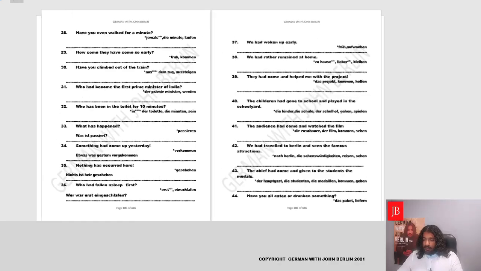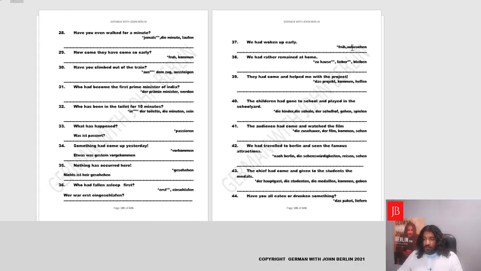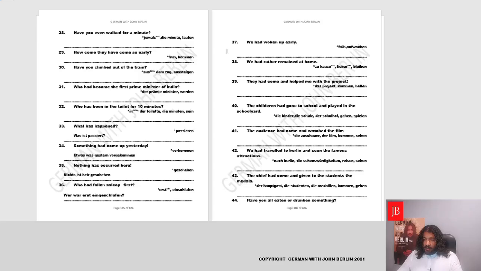Perfect. Let's look at some more sentences. We had woken up early. Okay. Now again, the verb to wake up shows you were asleep. You woke up, change in state. Who had woken up? We. Very good. We'll write wir. And we look at the main verb woken up, change in state. Choose the helping verb. It is sein. The tense is past. We'll make it waren. And we'll conjugate for wir.